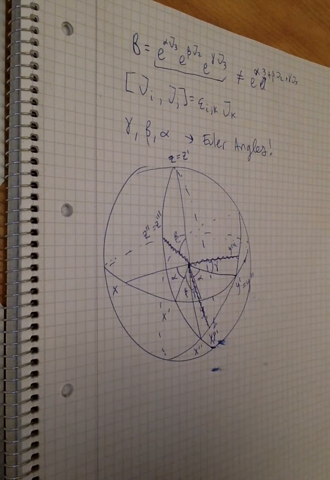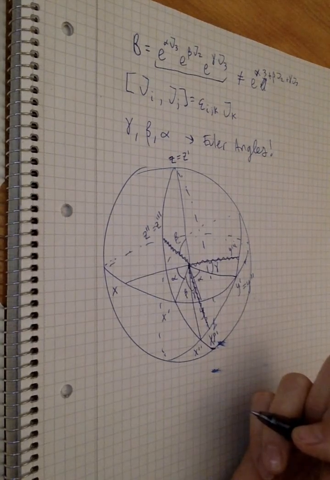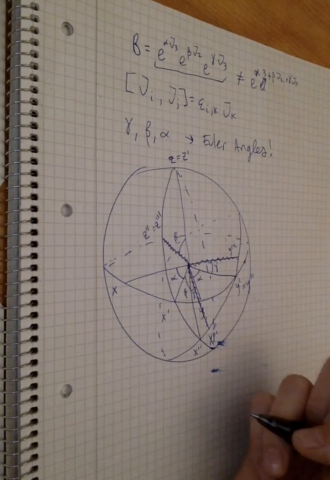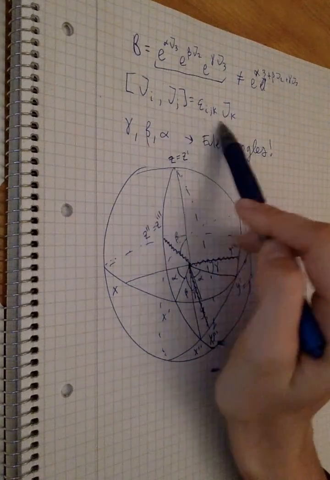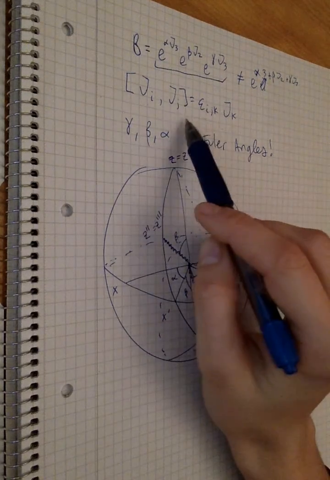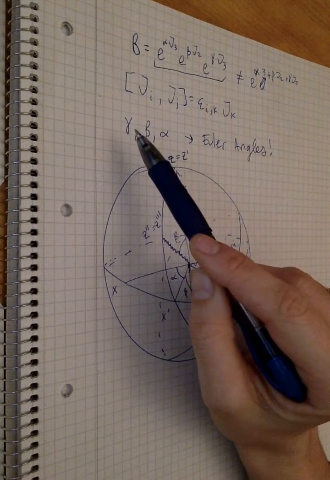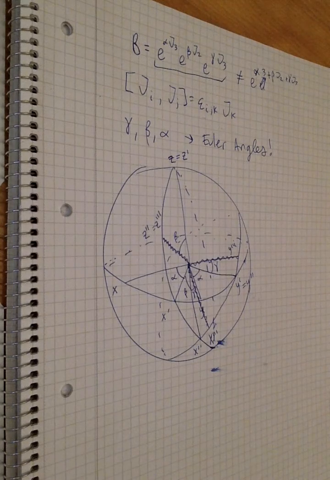And last note is that because this doesn't commute, we want a way to do multiple rotations. Is that how I want to say that?